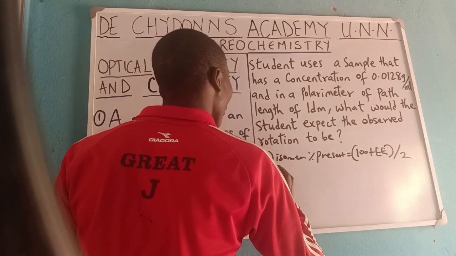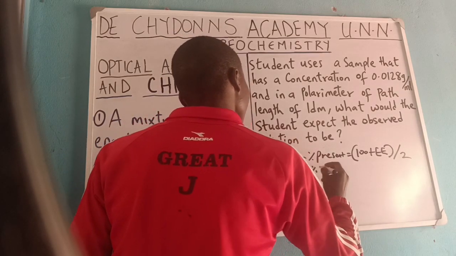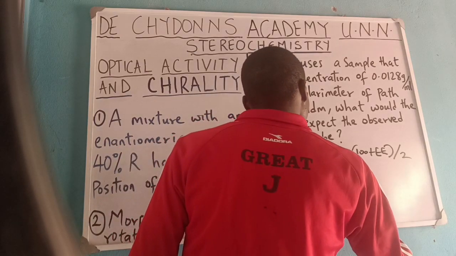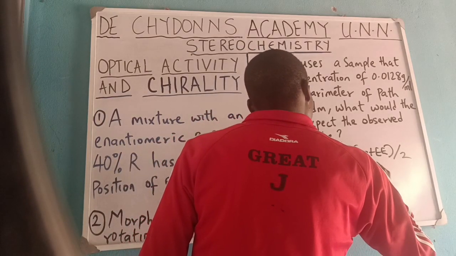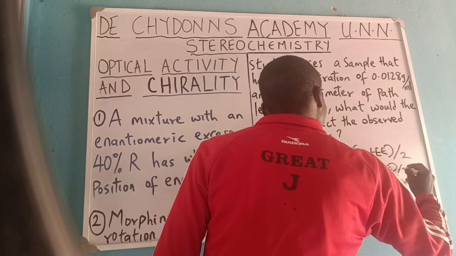Then when you are looking for the negative isomer, the levorotatory present, how you solve for that is 100 minus enantiomeric excess, divided by 2.